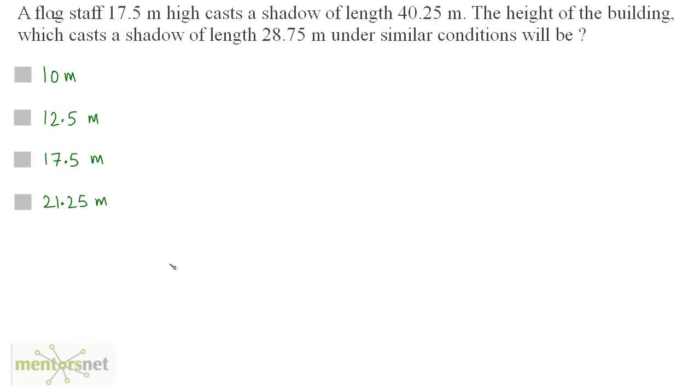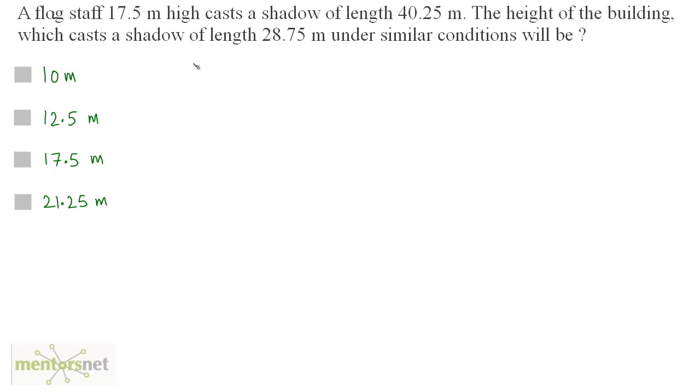A flagstaff 17.5 meters high casts a shadow of length 40.25 meters. The height of the building which casts a shadow of length 28.75 meters under similar conditions will be? Well, we have two quantities, height and the length of shadow. Is height directly proportional to the length of shadow or inversely proportional?